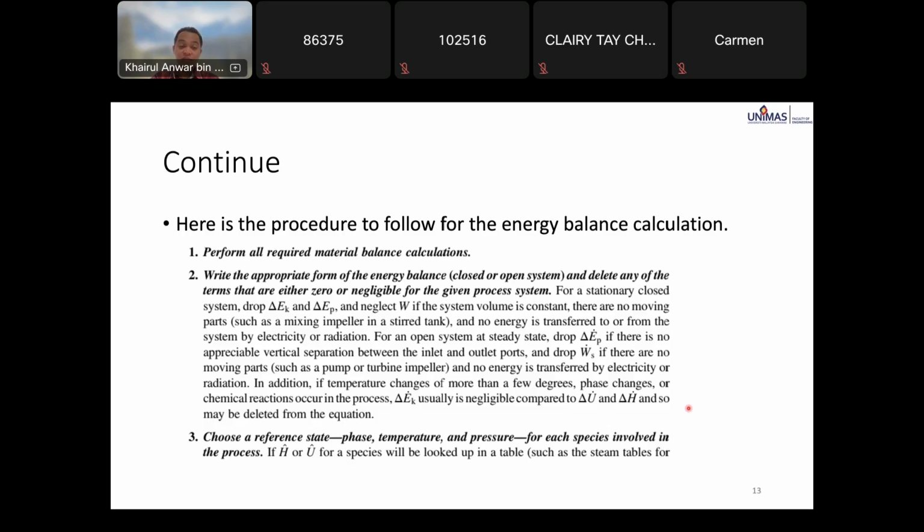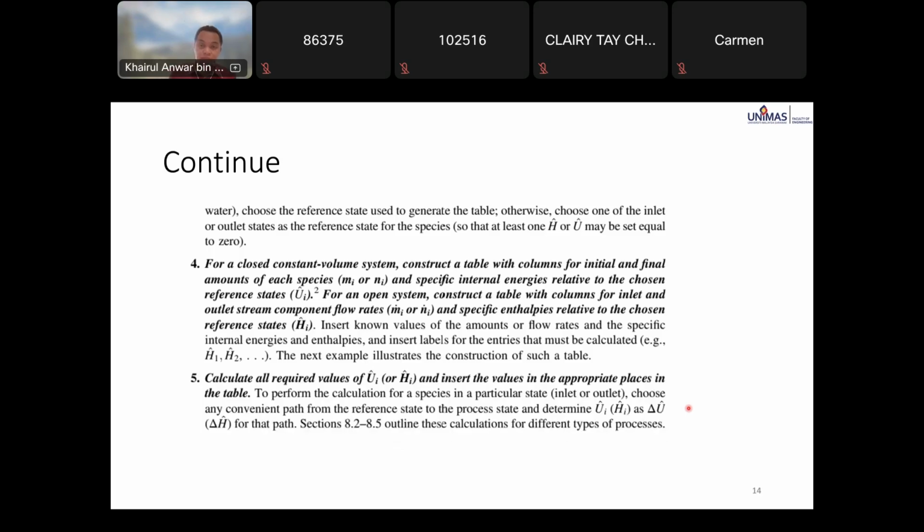Number 3 is to choose a reference state, phase, temperature and pressure for each species involved in the process. If delta H or U for a species can be looked up in a table, such as the steam table for water, choose the reference state used to generate the table; otherwise choose one of the inlet or outlet states as the reference state for the species.